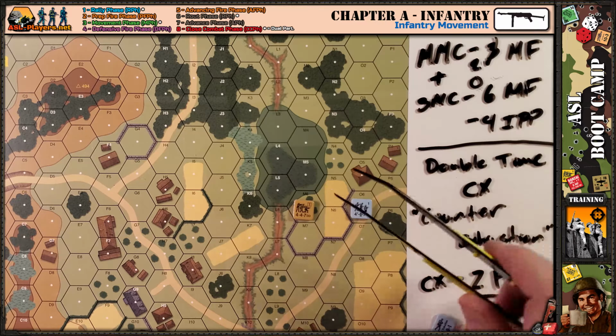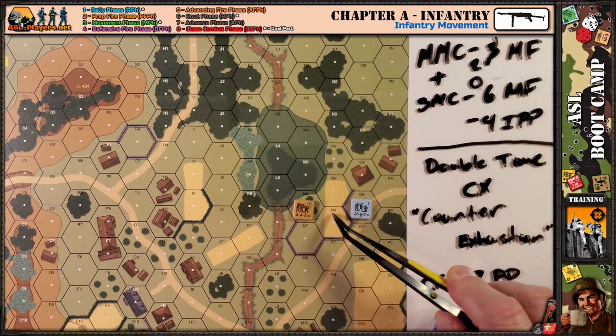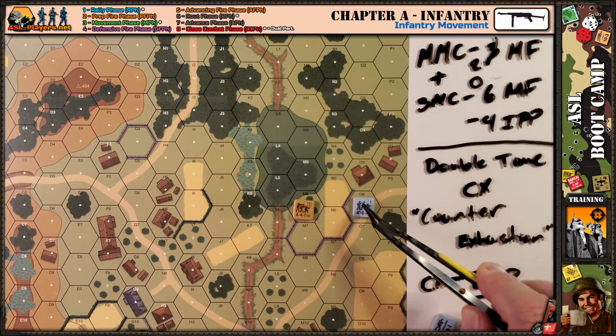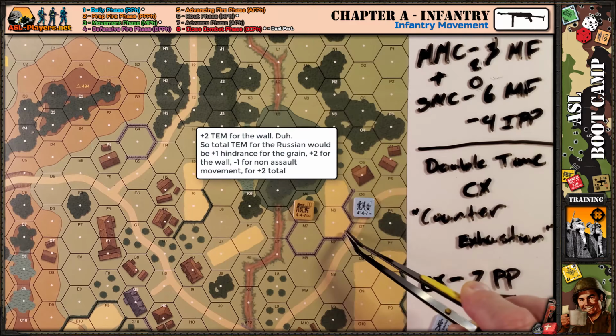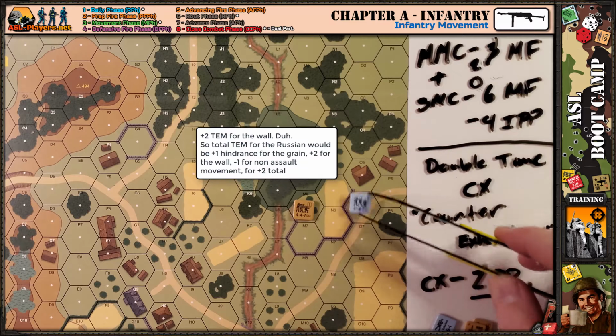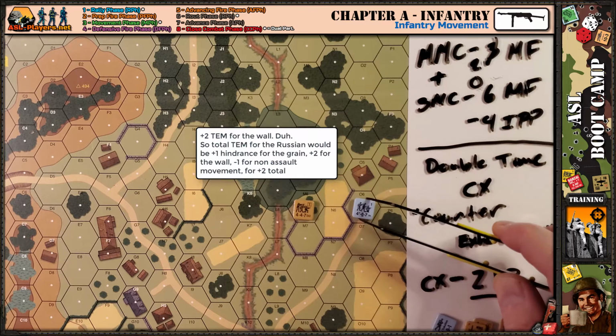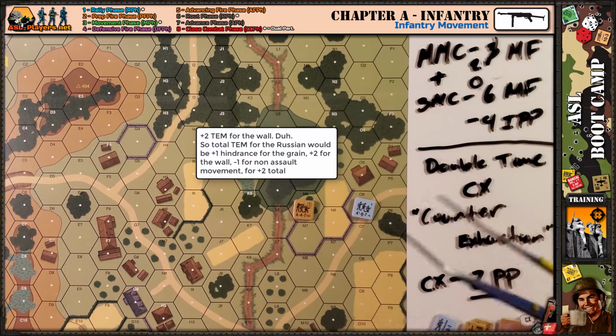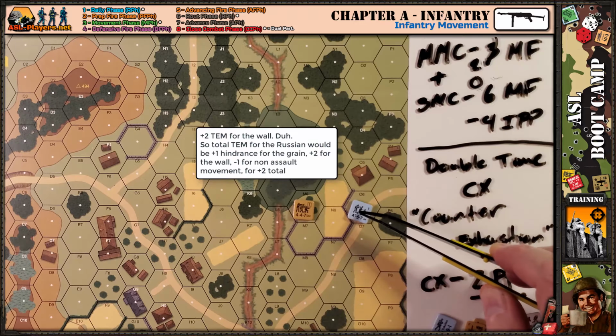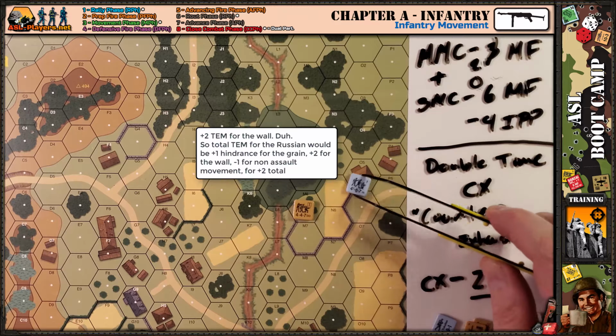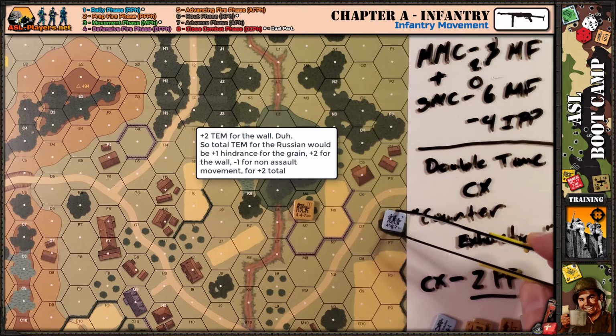There are 2 in this case: the hindrance of the grain and the +1 modifier for the wall, because I'm behind a wall. This hex side is on the hex that I'm traveling through. Therefore, technically, this is not open ground by the definition. So I could dash from here to here.